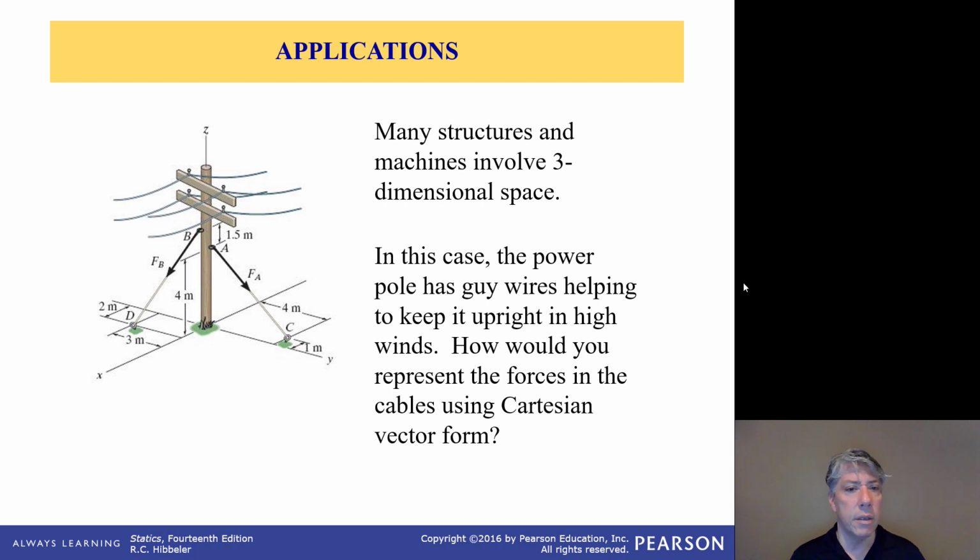And so you might notice that relative to the base of the pole, where apparently the origin of the coordinate system is located, force A begins up at 4 meters in the z direction, whereas B begins up another 1.5 meters and therefore has a distance of 5.5 meters from the origin.